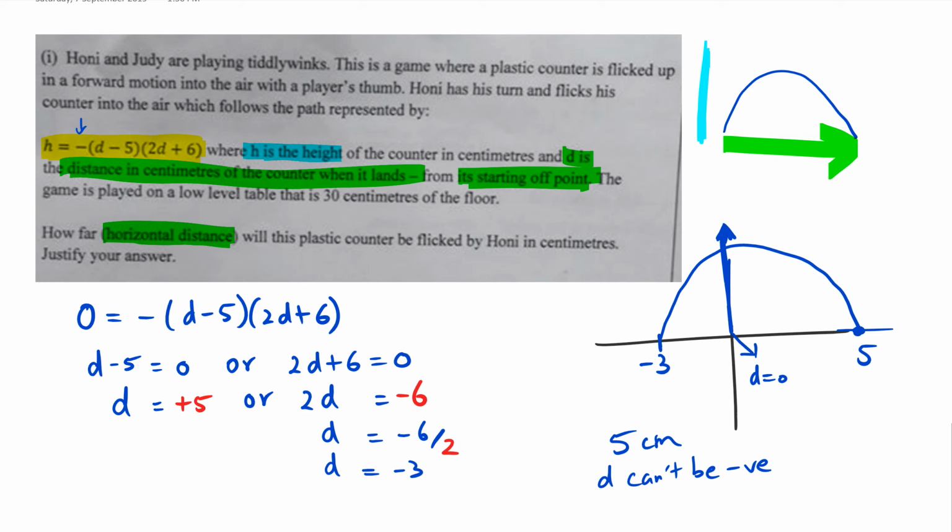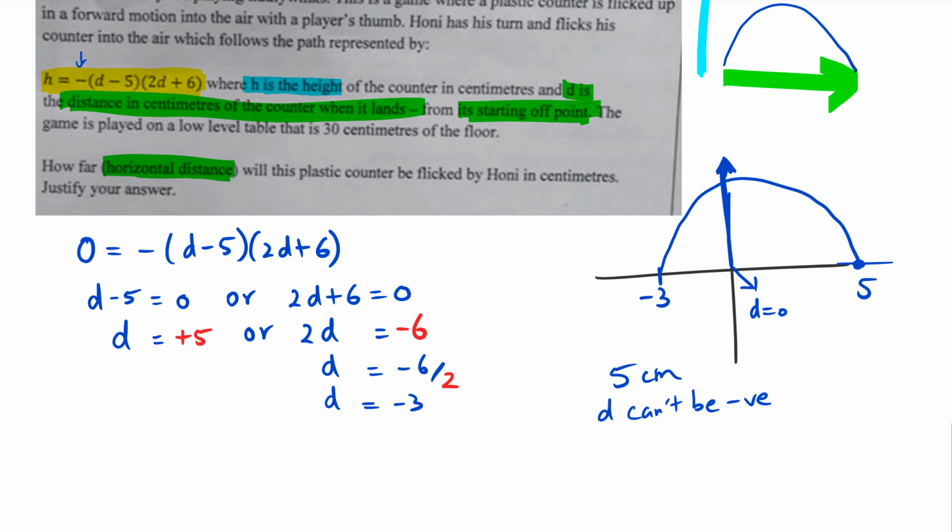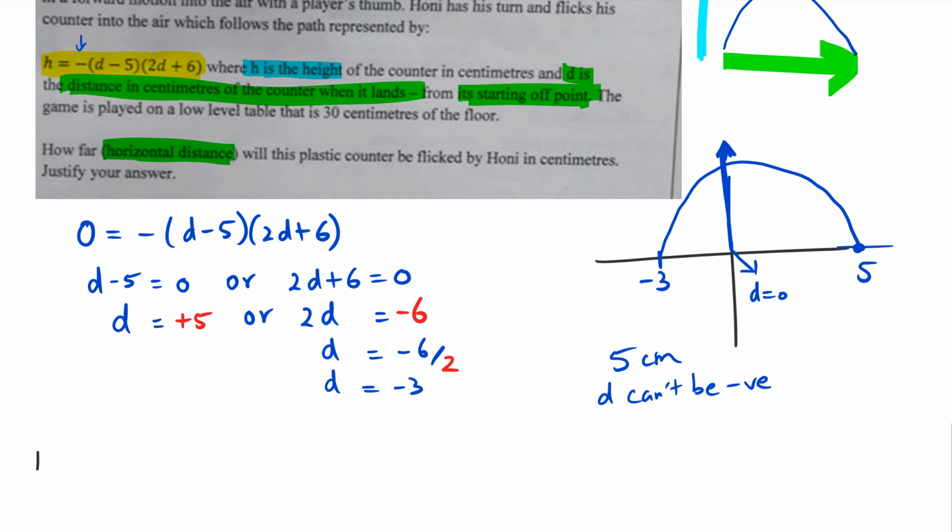Let's extend this question a bit and put a part D to it: what is the max height of the counter? Basically, I'm asking what is the highest point that it's going to reach.